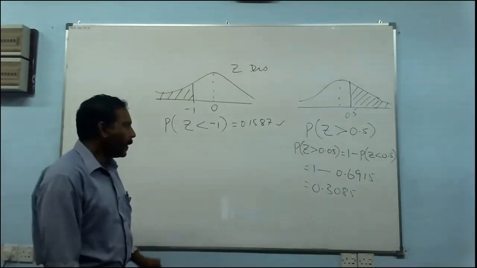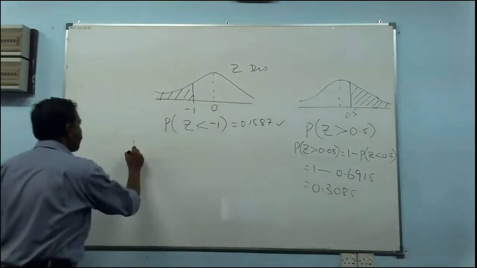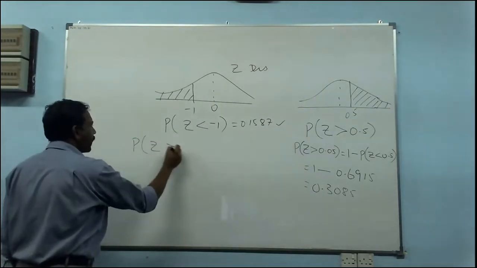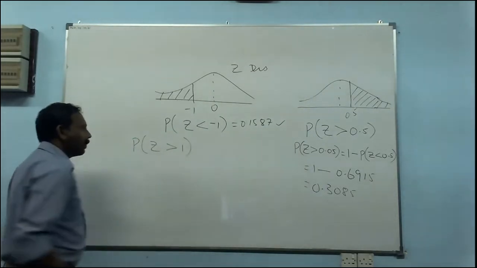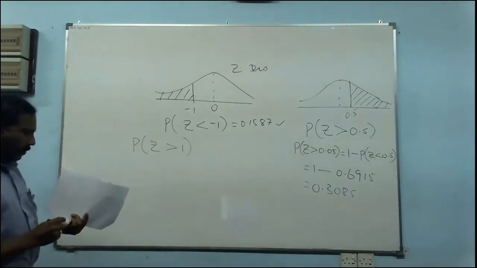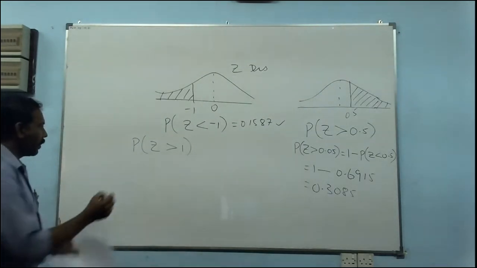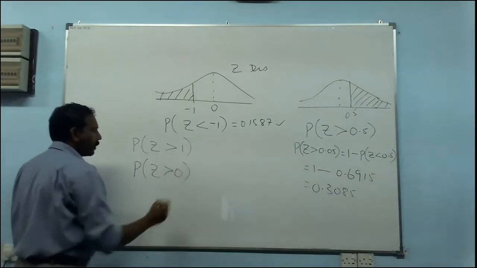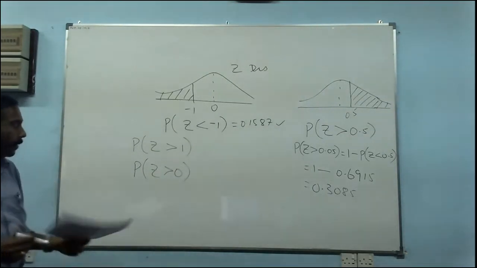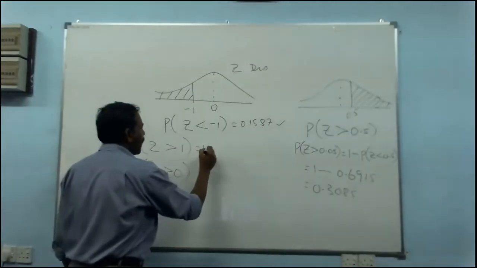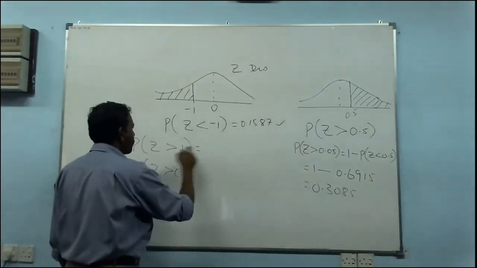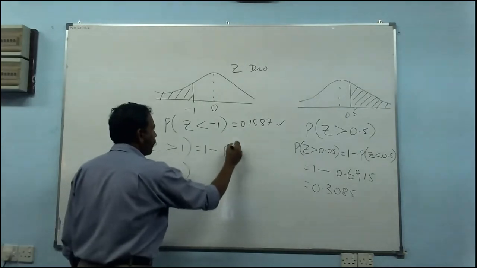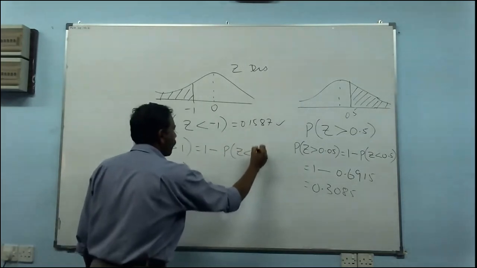Can you find the probability of z greater than 1? This is equal to 1 minus the probability of z less than 1.